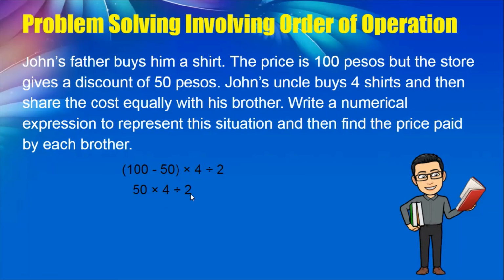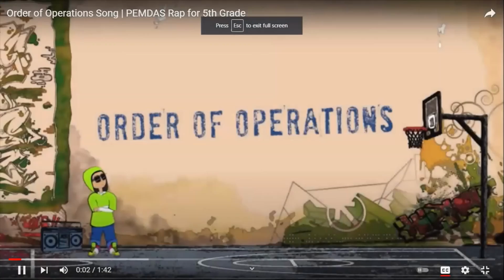The PEMDAS rule tells us that if we have multiplication and division, we need to do the one that is on the left first, or shall we say left to right. So we're going to multiply 50 times 4. The answer is 200. Then 200 divided by 2, the answer is 100.